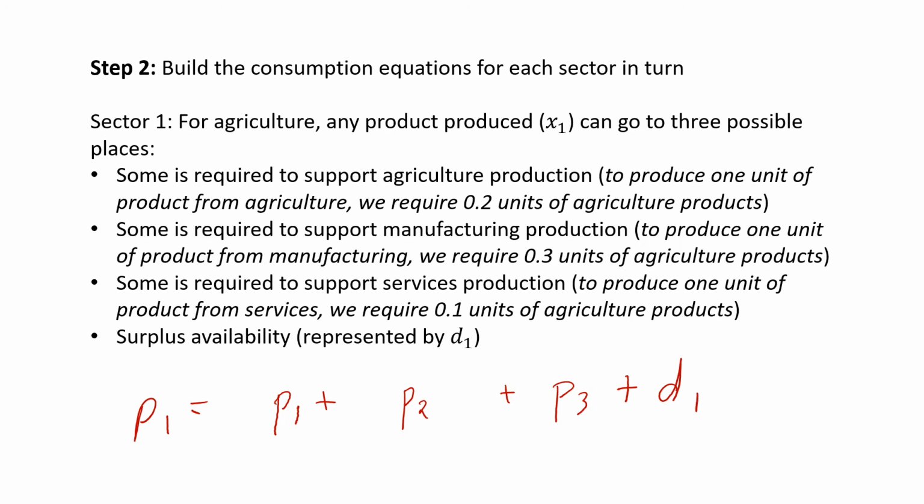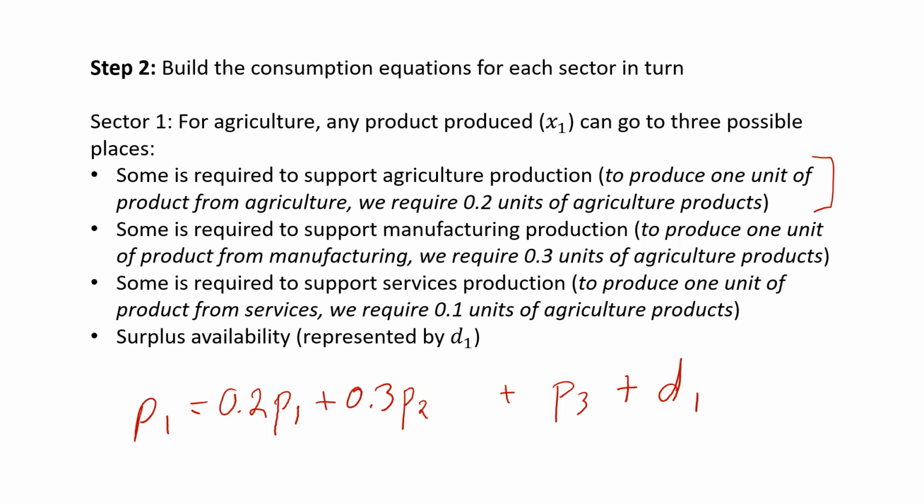So how much of each? Well, our problem says that every unit of agriculture, P1, requires 0.2 units of agriculture. So 0.2 times the amount of agriculture produced gives us how much has to be used internally in agriculture. For manufacturing, every unit of manufacturing requires 0.3 units of agriculture products.